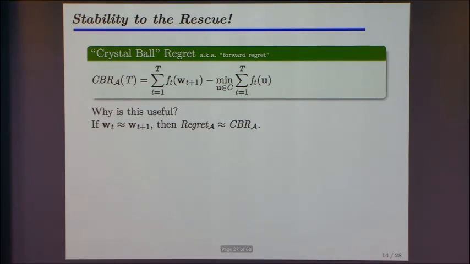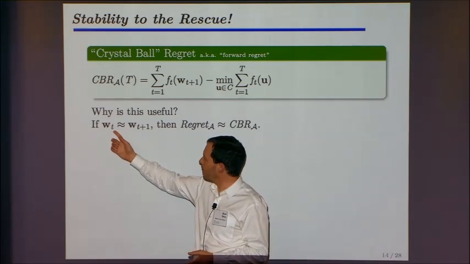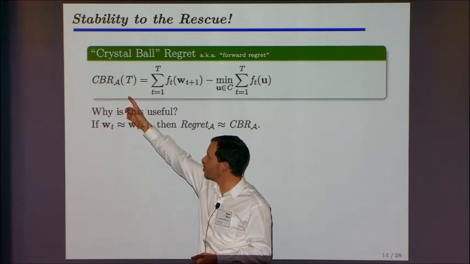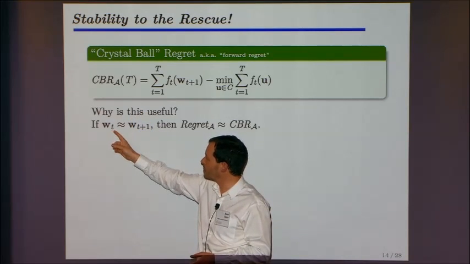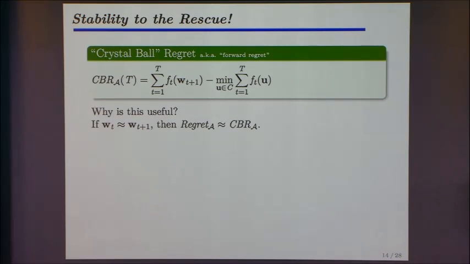Well, suppose I have a promise that I've got an algorithm A that has low crystal ball regret, and furthermore, the predictions I make at each time step don't change too quickly. Then in fact my true regret really is close to this crystal ball regret, right?